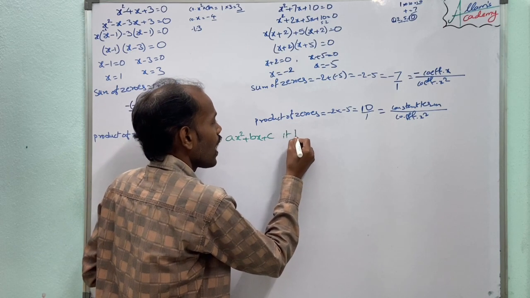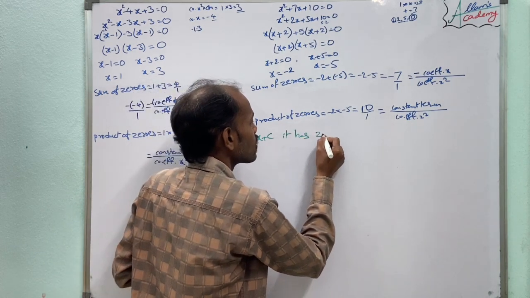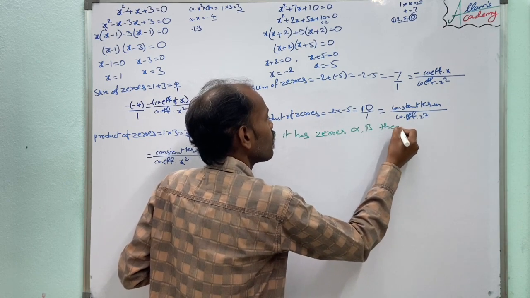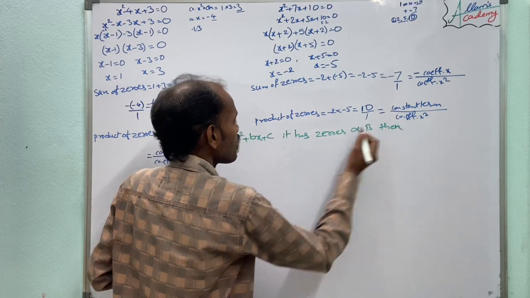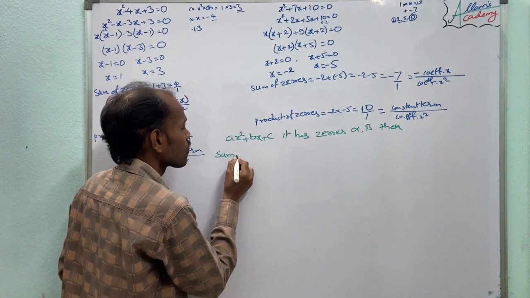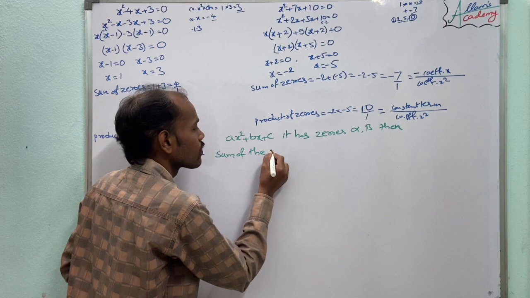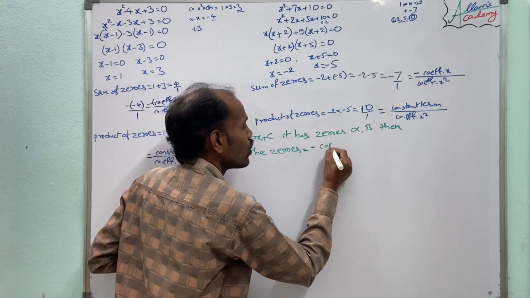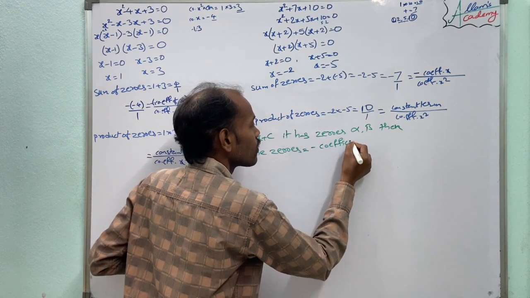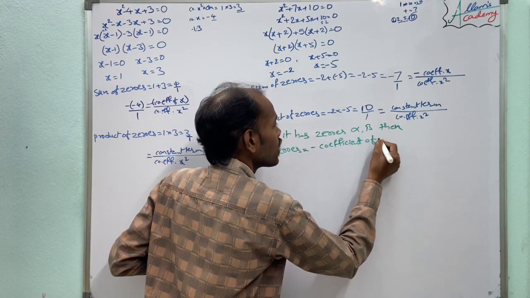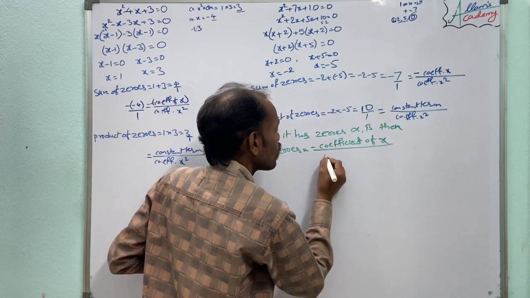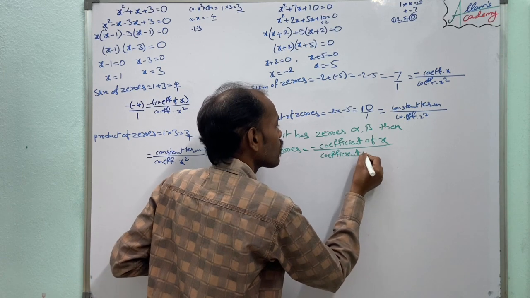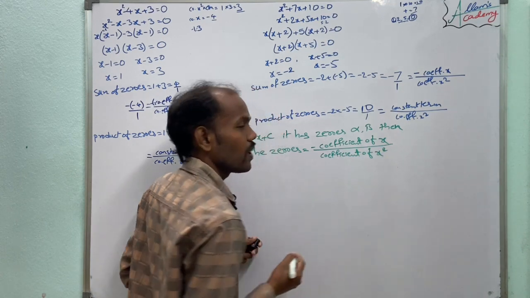If this has zeros alpha and beta, then we can write sum of the zeros equal to minus coefficient of x by coefficient of x square.